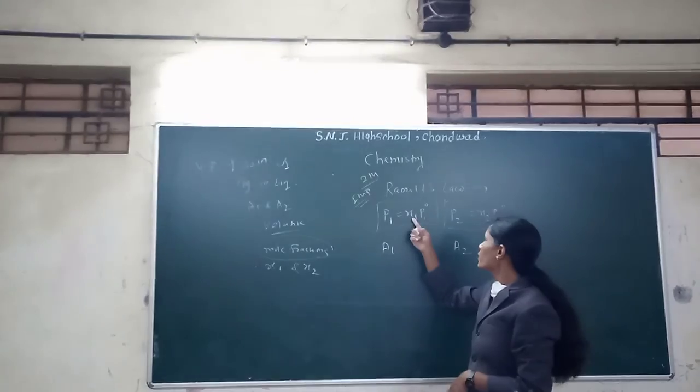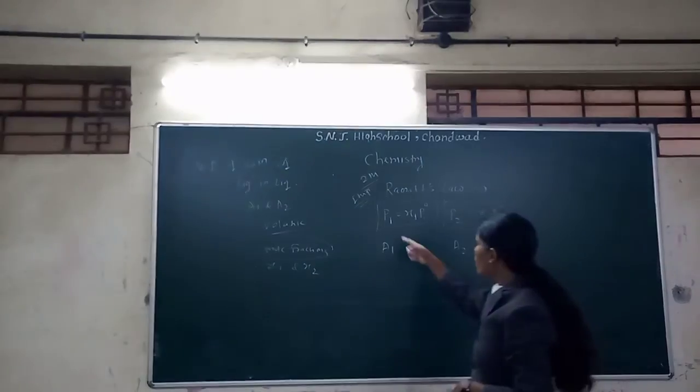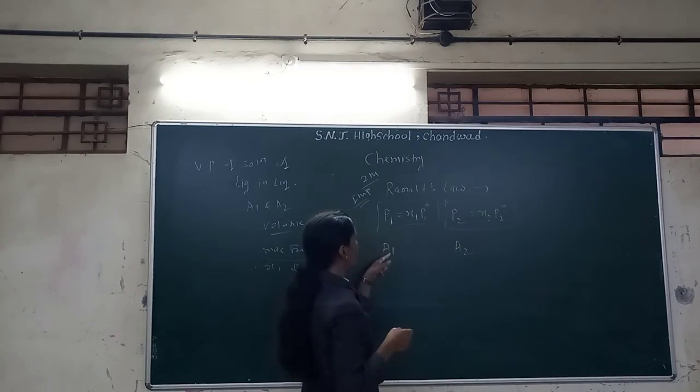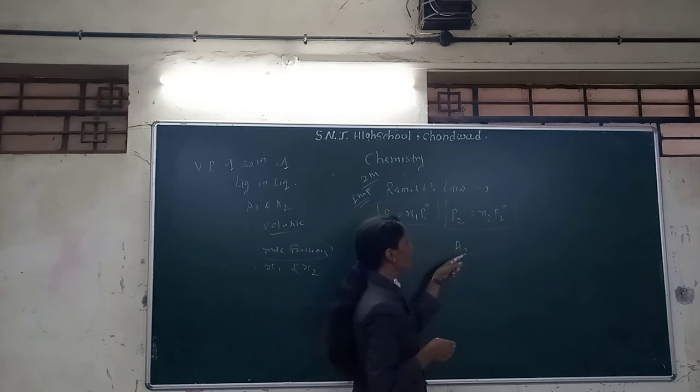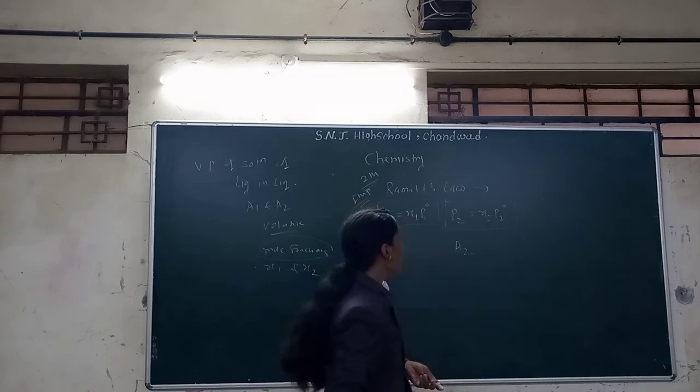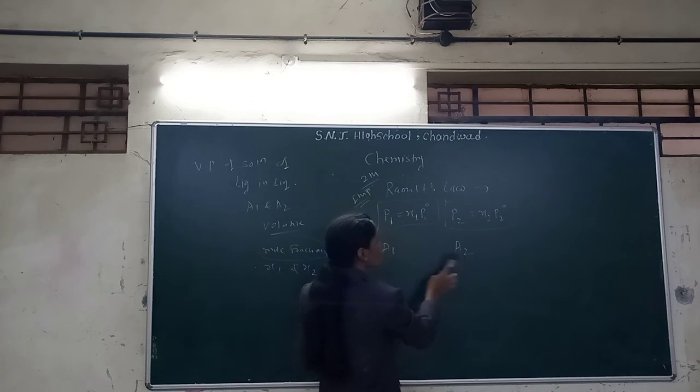For the first volatile solution the partial pressure is P1, and for the second volatile solution the partial pressure is P2. Again, these two solutions are mixed together, A1 plus A2. Therefore the total pressure PT is equal to P1 plus P2.